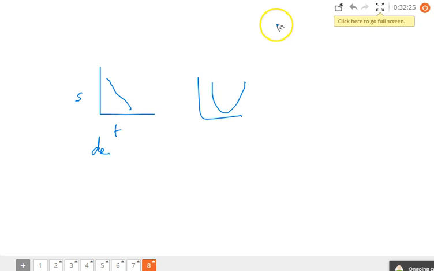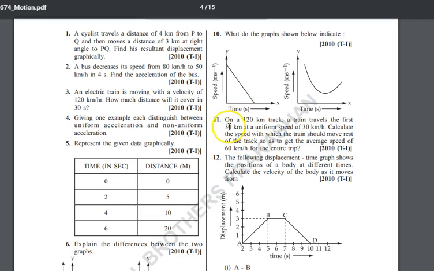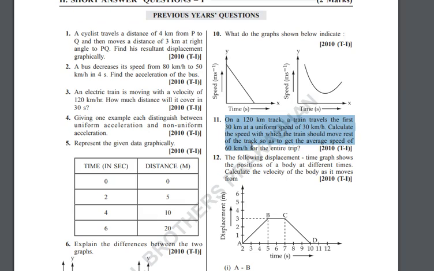Clear? Next, 11th question. Can you give a clue? Okay, just a minute, I will read it out. On a 120-kilometer track, a train travels the first 30 kilometer at a uniform speed of 30 kilometer per hour.